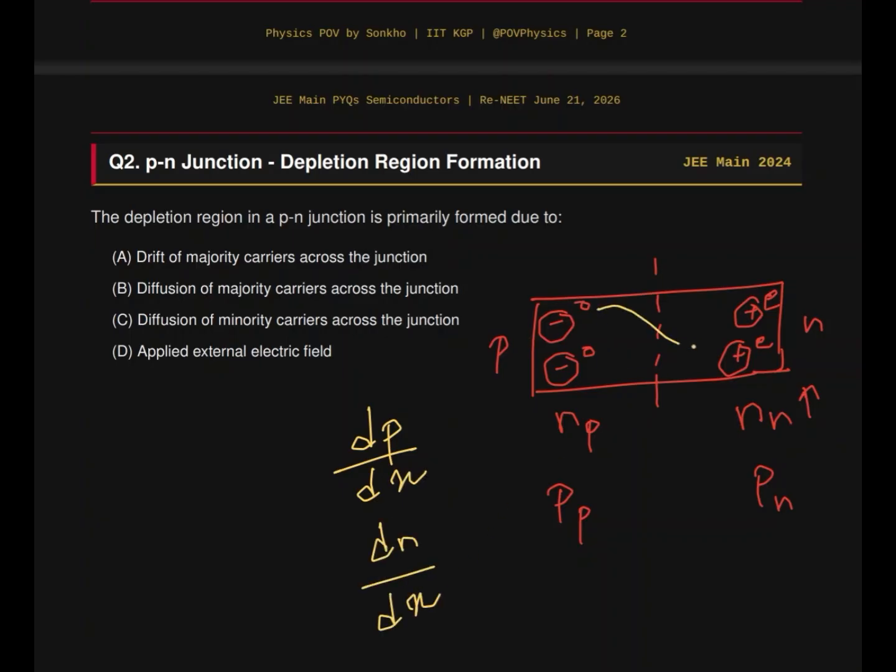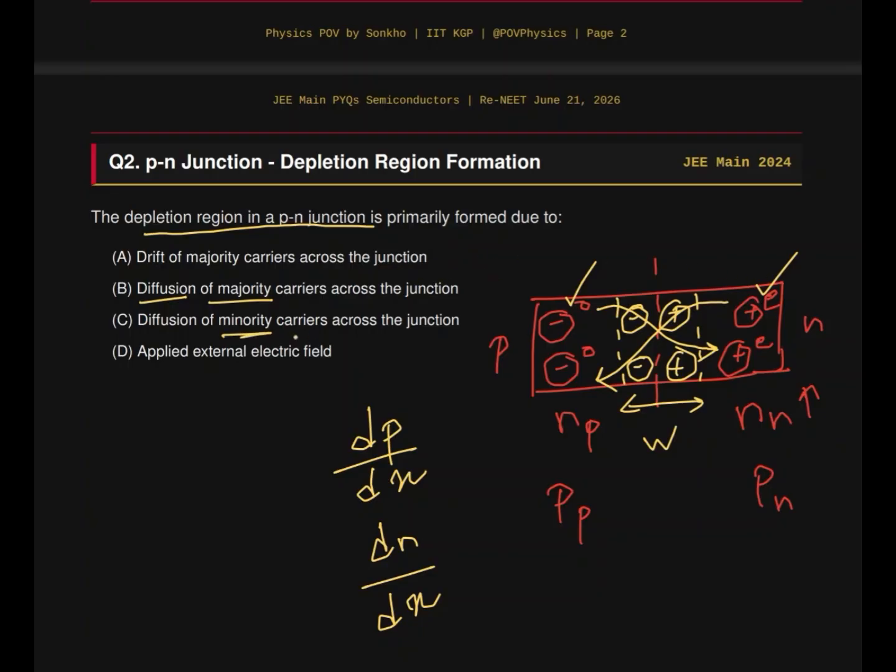So holes will diffuse like this and electrons like this. And due to this, we will have the depletion region formation, where there will be no majority charge carriers. So the answer here will be: depletion region formation in a PN junction is due to diffusion of majority carriers. Holes are majority in P and electrons are majority in N, so these are majority carriers and not minority carriers, right?